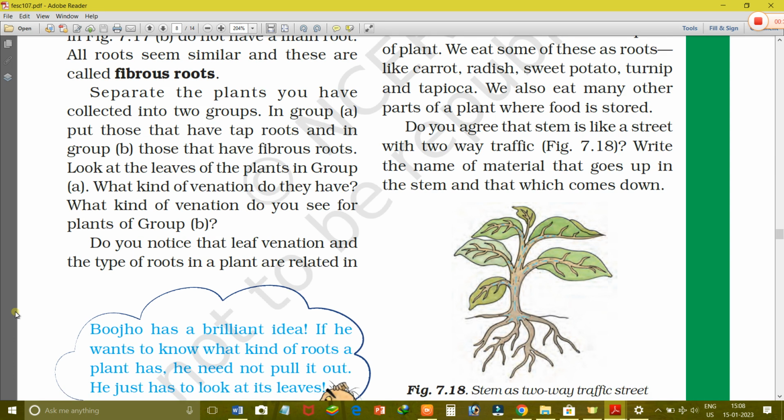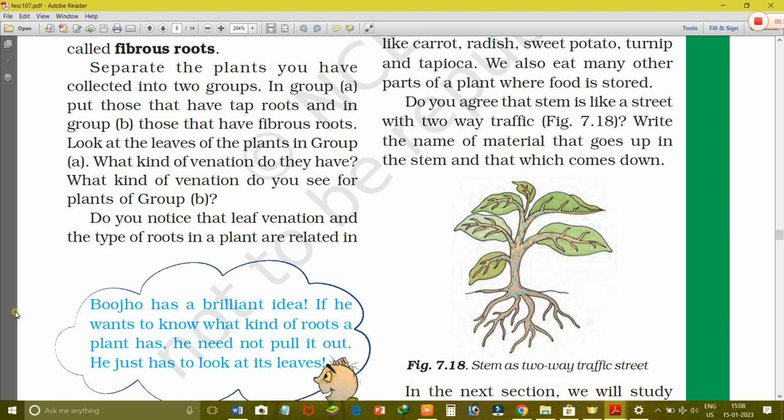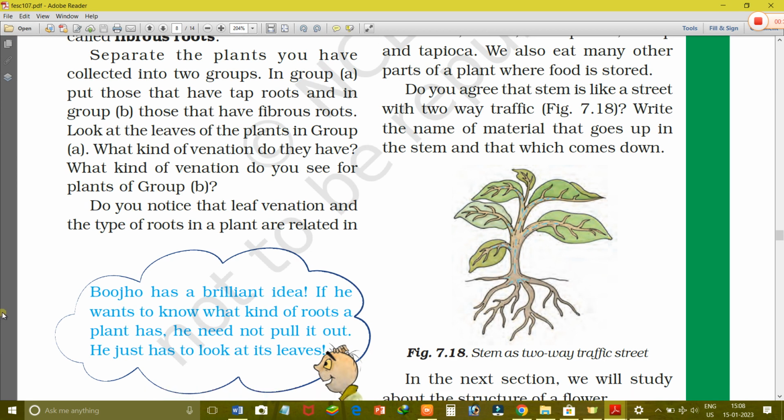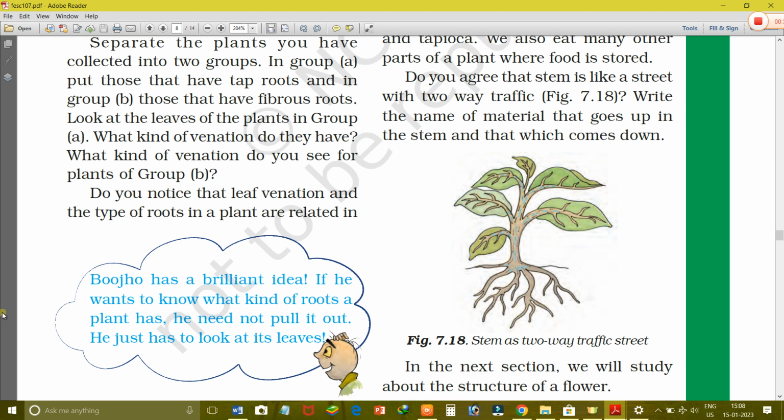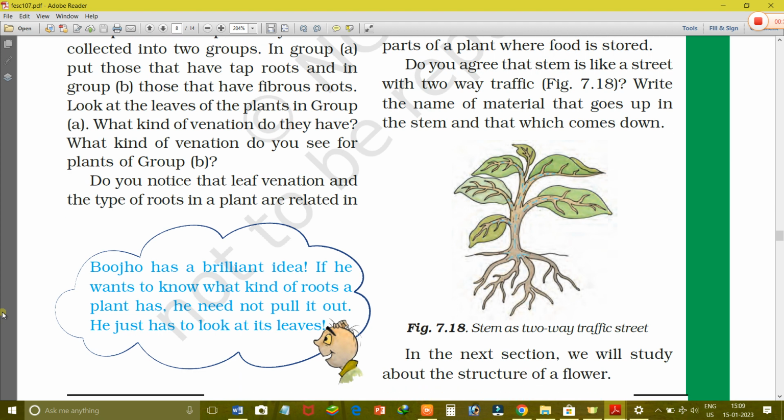We eat some of these as roots like carrot, radish, sweet potato, and turnip. We also eat many other parts of plants where food is stored.